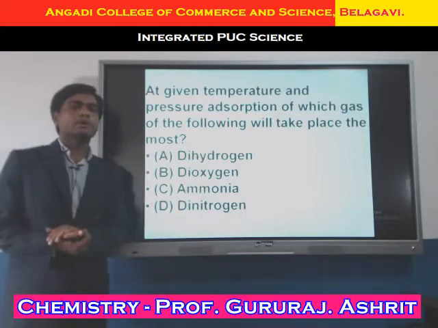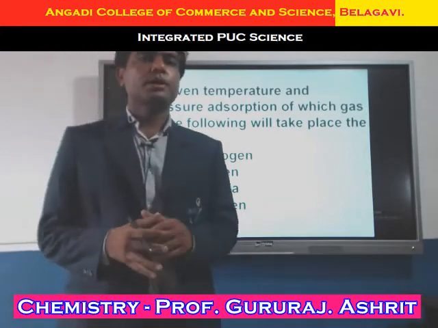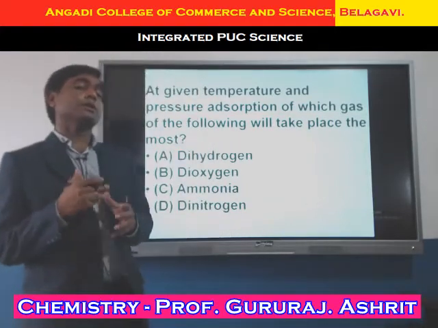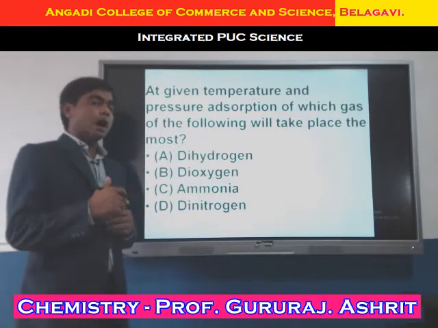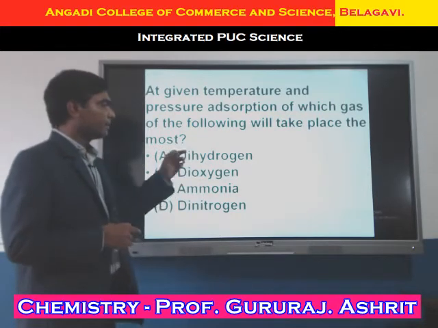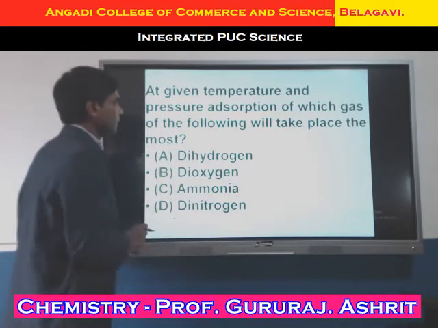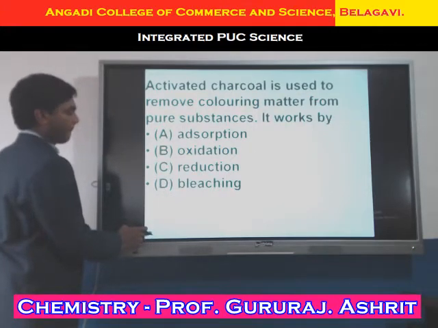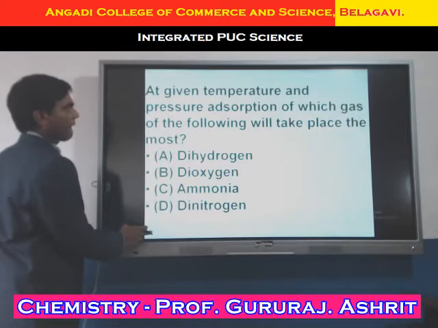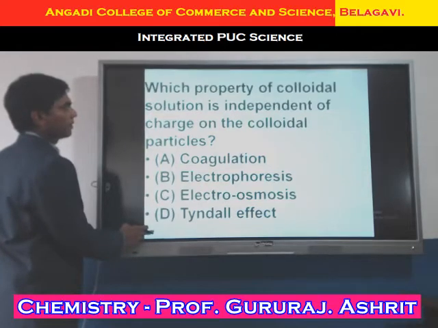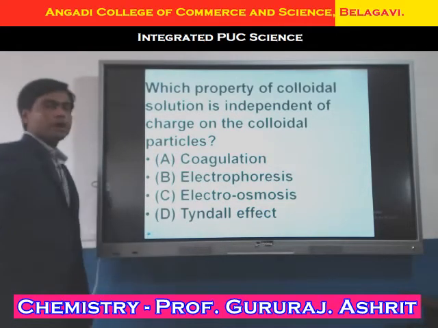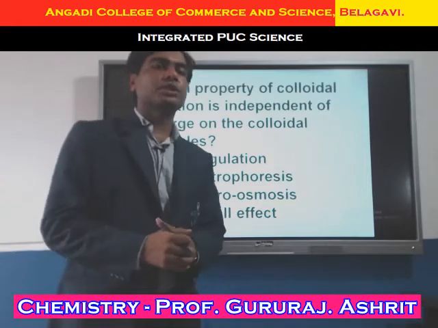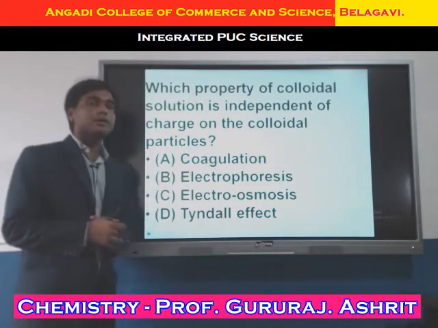First one is coagulation. As I already told, in coagulation, the larger the charge of the ion, the higher the coagulation. It depends upon the charge. Second one is electrophoresis.